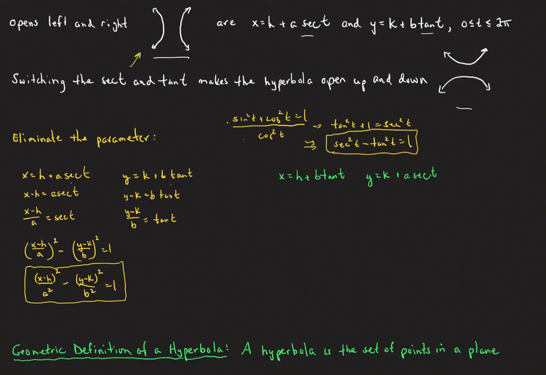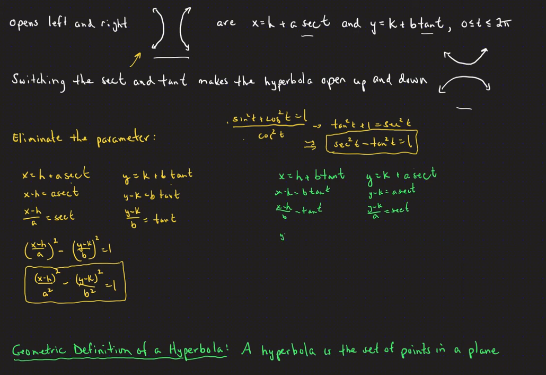Now, when we eliminate the parameter on the greens here, we'll get x minus h is equal to b tangent of t, and x minus h over b is going to be tangent of t, and y minus k is a secant t, and y minus k over a is secant of t.